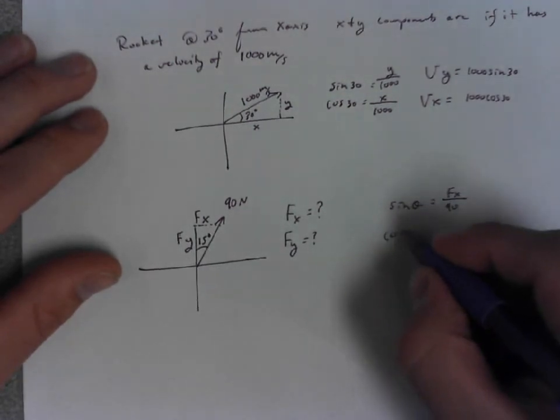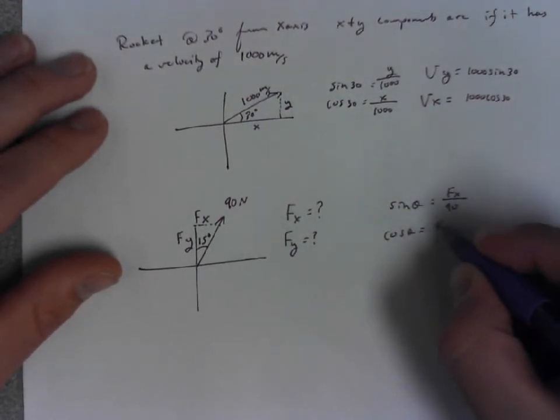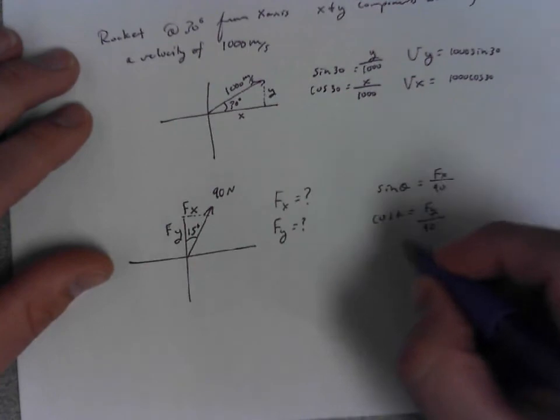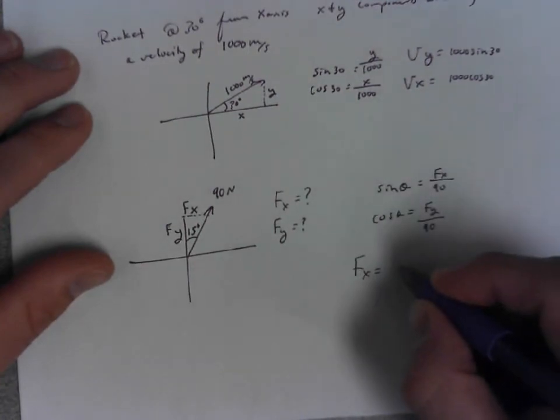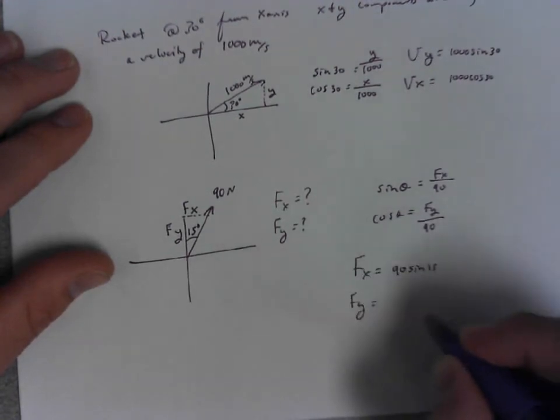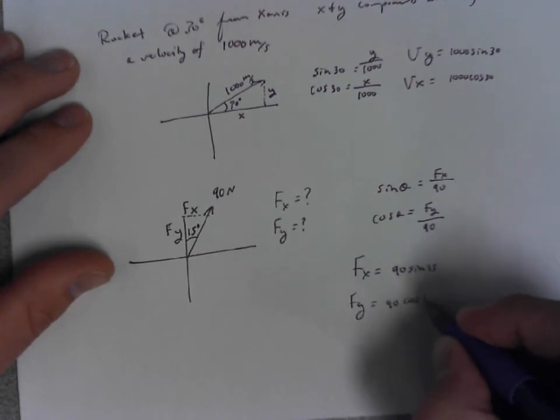Okay, and my cosine of theta is going to equal my adjacent over my hypotenuse. Okay, so if I solve, Fx is equal to 90 sine 15, and my Fy is equal to 90 cosine 15.